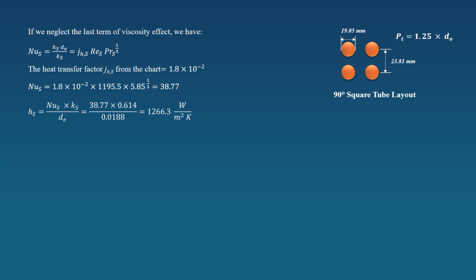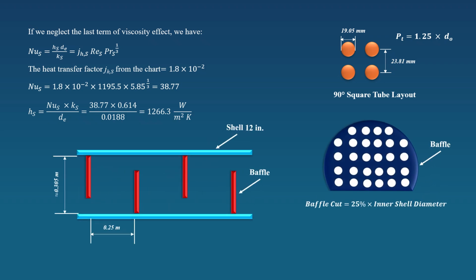This figure shows the layout of the tubes, that is 90-degree square tube layout with the values of d naught and p sub t, the tube pitch. And finally, we may have a look at this figure where it shows the shell diameter, the baffle spacing equal to 0.25 meter, and the baffle cut, which is 25% of the inner shell diameter.